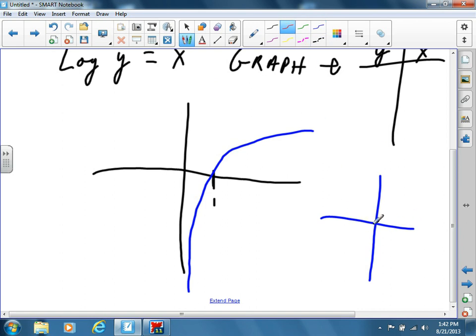It's only the numbers on the real number line that I can't take the log of. But I can take the log of this guy right there, which is 1 plus i, or this guy down here, 1 minus i. I can take the log of imaginary numbers in the second and third quadrant. I just can't take the log of a real number that's negative.